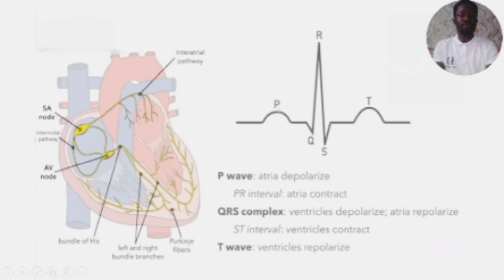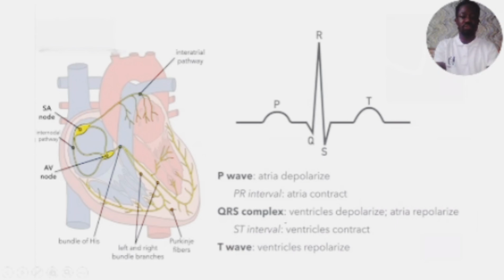So the P wave on the ECG graph represents the atrial depolarization, where the fibers of the SA node start. Then from here to here is the PR interval. At this point is when the atrial contraction takes place.